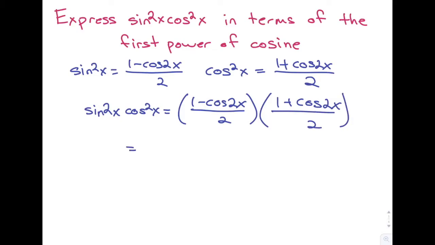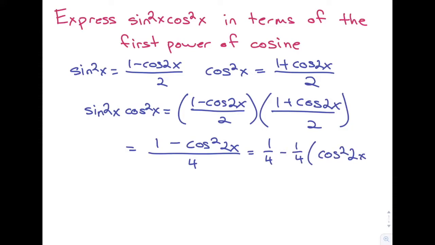Since this is a factored form of a difference of squares, this gives us 1 squared, which is 1, minus cosine squared 2x, over 4. So we can simplify this to 1/4 minus 1/4 cosine squared 2x.